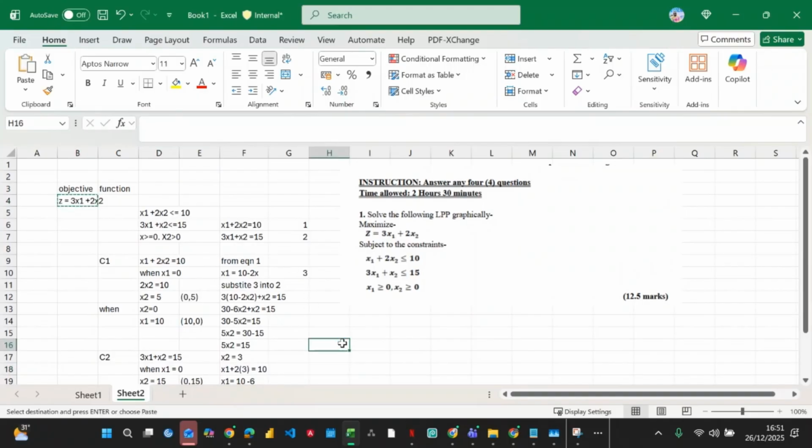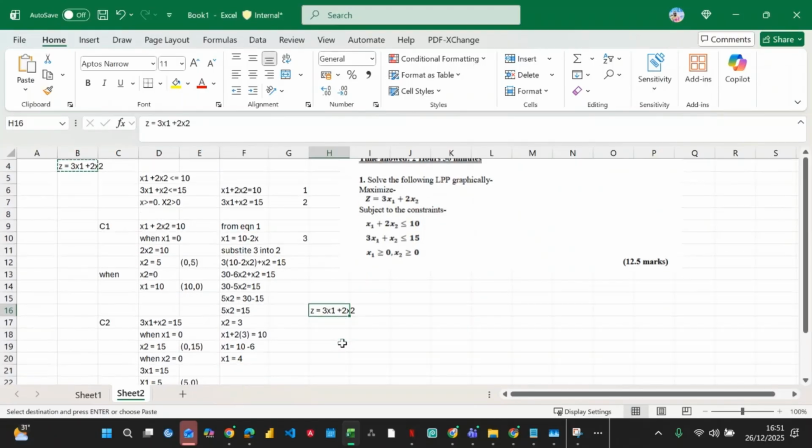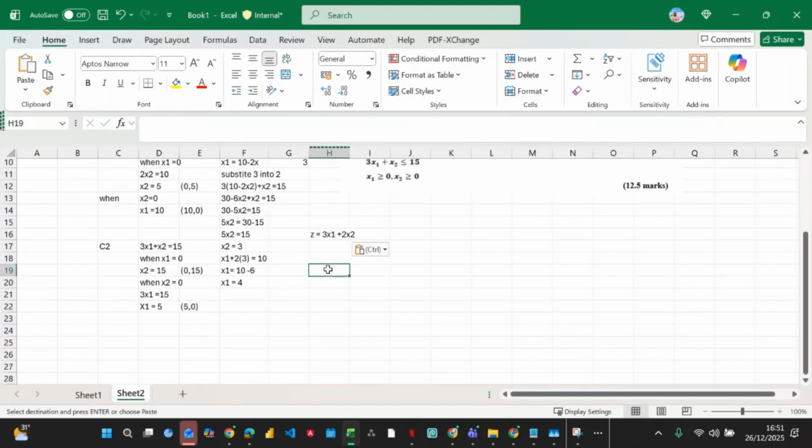Okay, so now when we pick that, what are we going to test? We have our objective function, which is this guy. This is our target here.